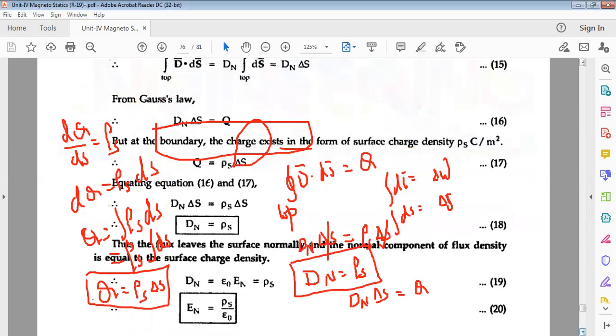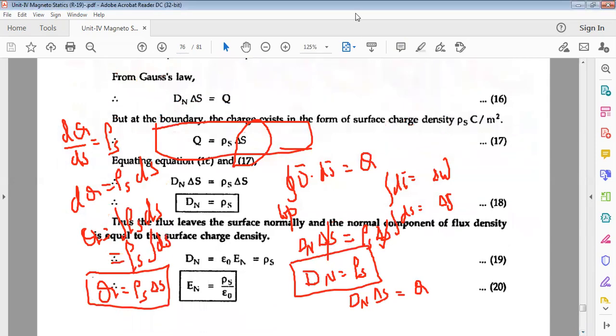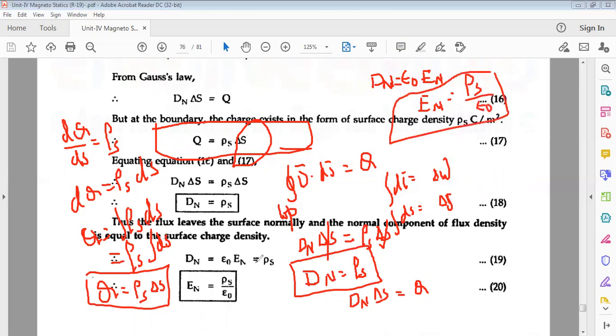And what about the En? The relation is there: Dn is equal to epsilon naught into En. So En is equal to Dn by epsilon naught. What is the Dn? Rho s. So En is equal to rho s by epsilon. Got it, my students?